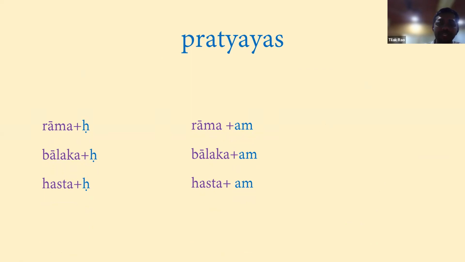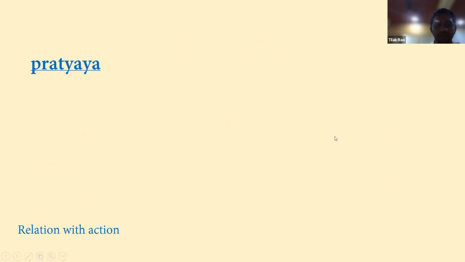But those words can be divided, so we can find something which is similar in all those words, and we can separate that. And those are called pratyayas. Like in Ramaha, Aha is pratyaya, or Ha is pratyaya. In Ramam, Am is pratyaya; in likhati, ti is pratyaya; or likhataha, taha is pratyaya; likhanti, anti is pratyaya. So these are called pratyayas.